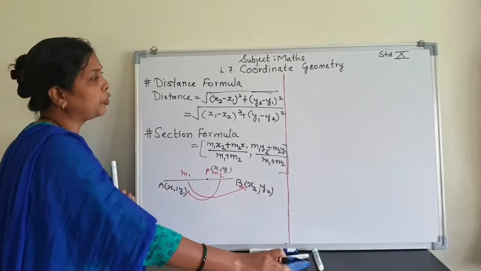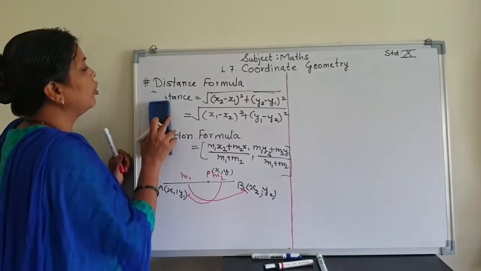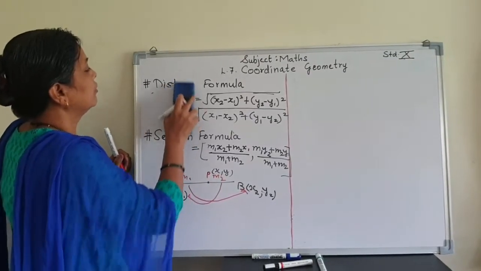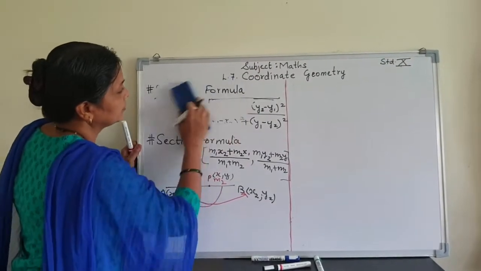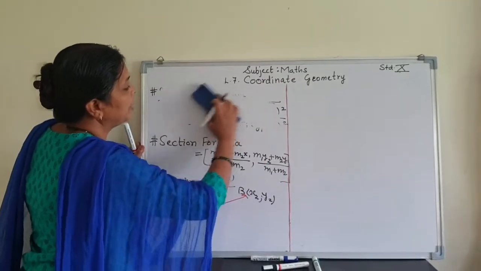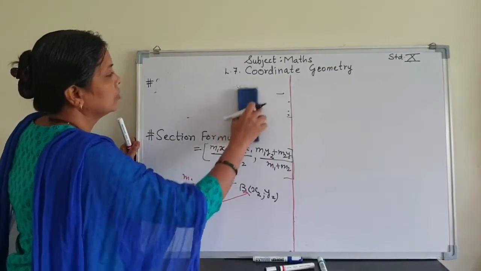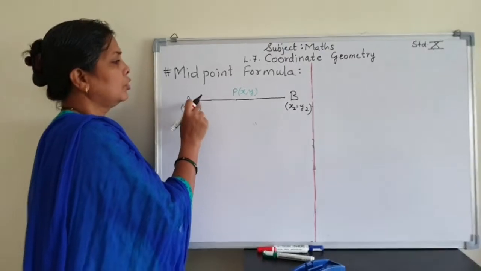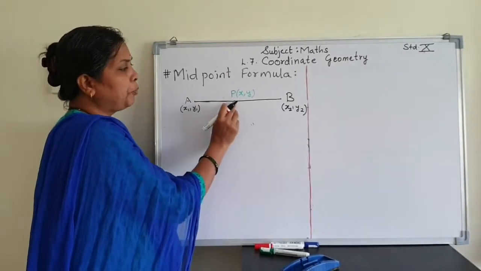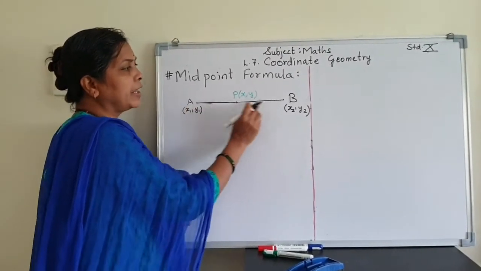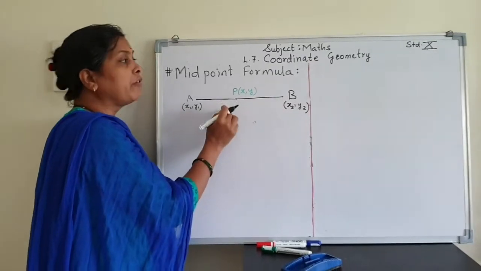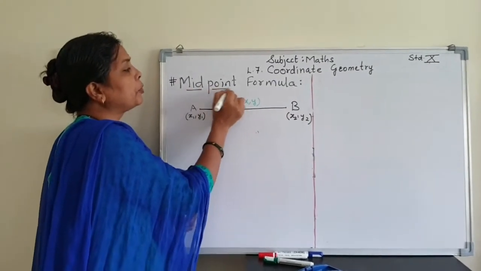Now let's move to the next concept. Based on this section formula, we have one more formula, and that is the midpoint formula. So here you can see that point P divides line segment AB into two equal parts because it's a midpoint formula.